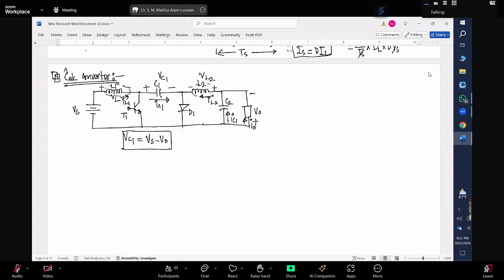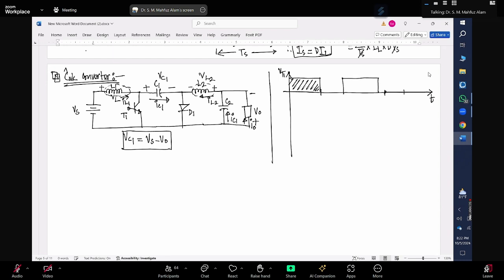So now, as always, suppose this is my voltage waveform VT1, and this is T. Suppose we put the voltage waveform like this. So T1 is turned on for this period, and then again it is turned off. Let me redraw this.